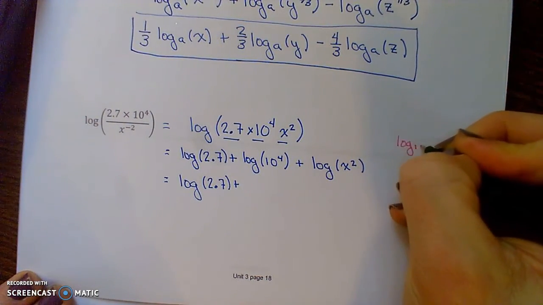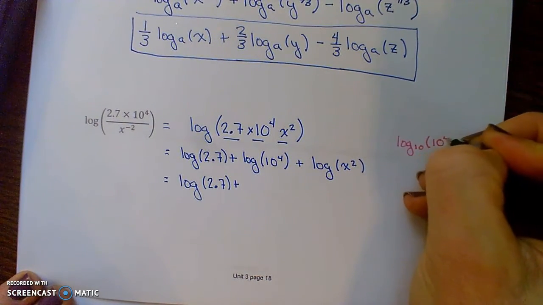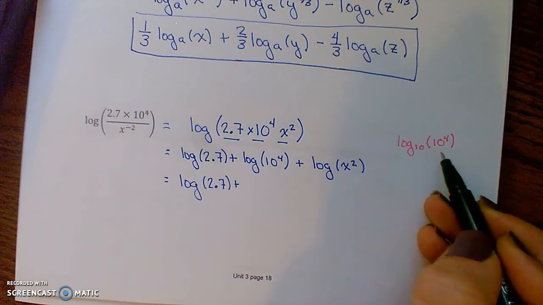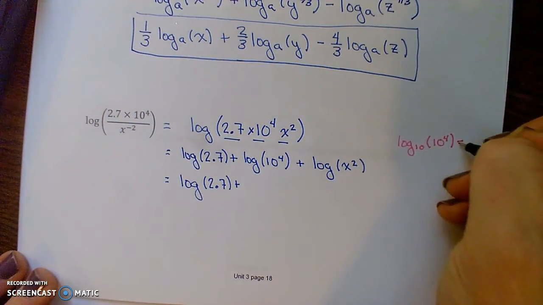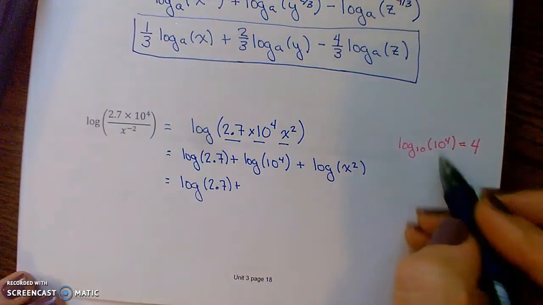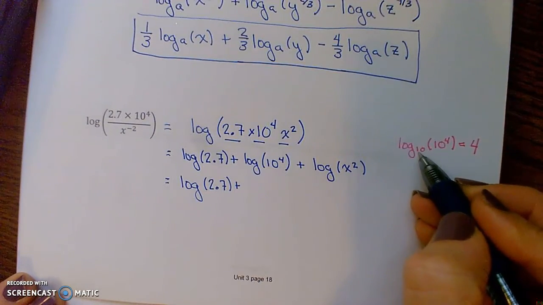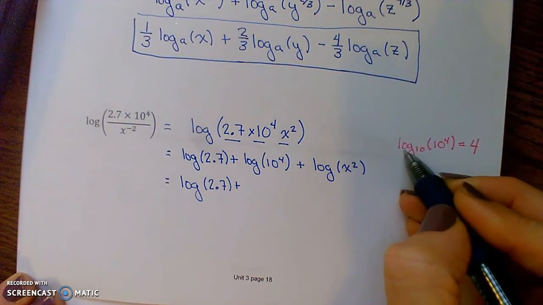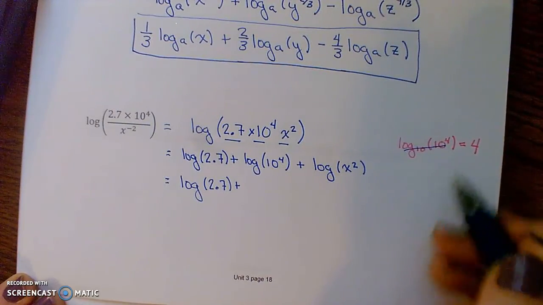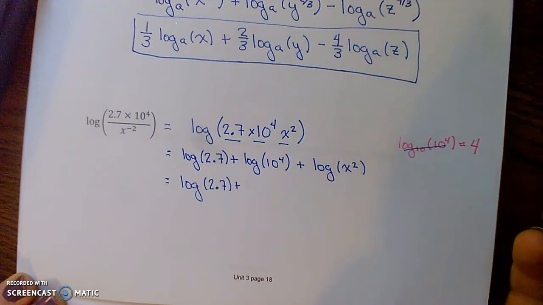Log base 10 of 10 to the 4th is asking 10 to what power gives you 10 to the 4th? So the answer to that question is 4. So this evaluates just to 4. Also, you could think of this as log base 10 of 10 to the 4th, where the log and the exponential undo each other because they're inverses, and you're left with just the number 4.